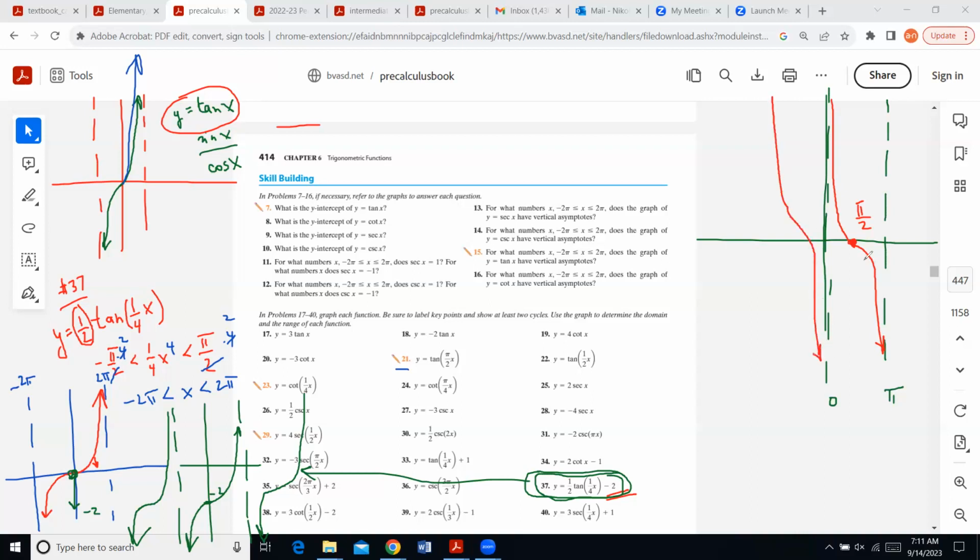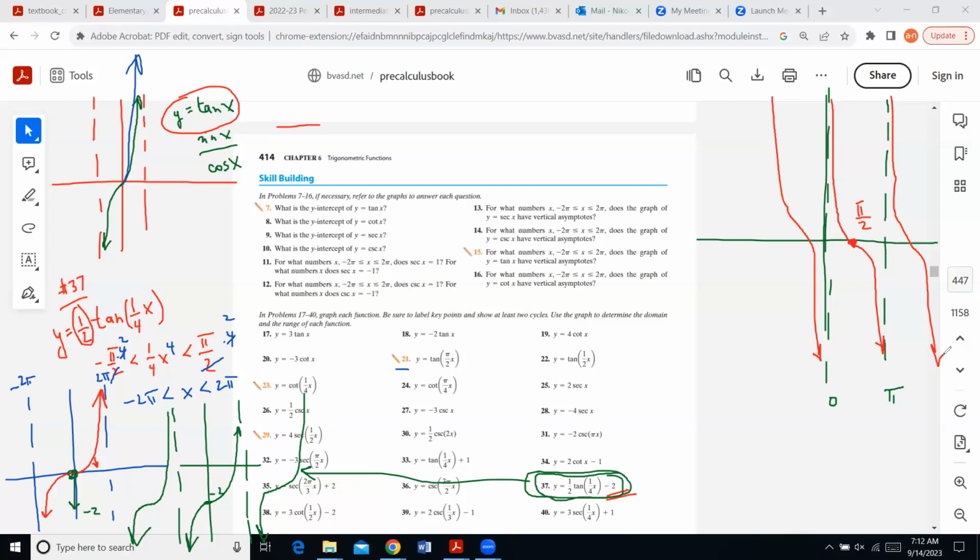These will be your pieces. So the vertical asymptotes are at multiples of pi. And that's why people say the period of those functions is equal to pi. They repeat themselves every pi, not 2 pi as sines and cosines.